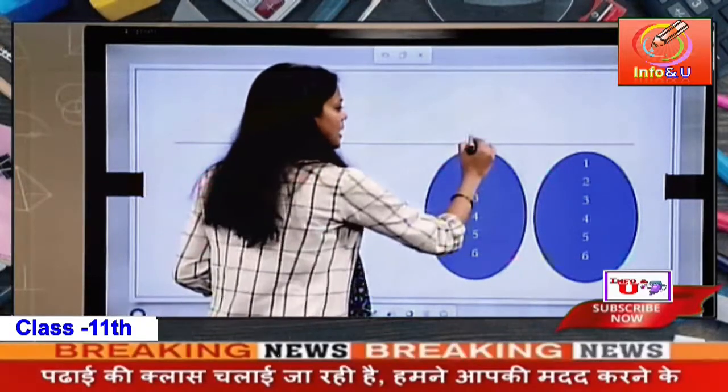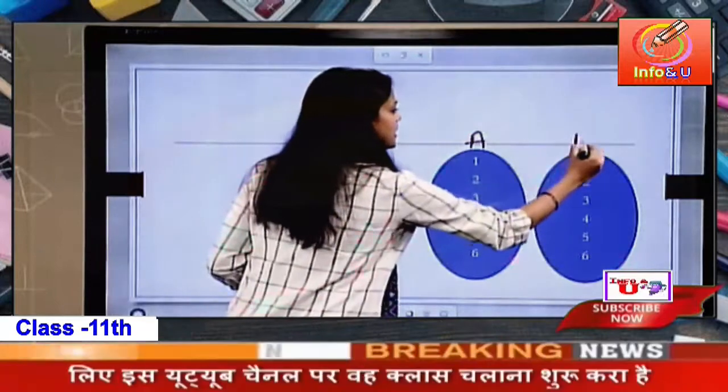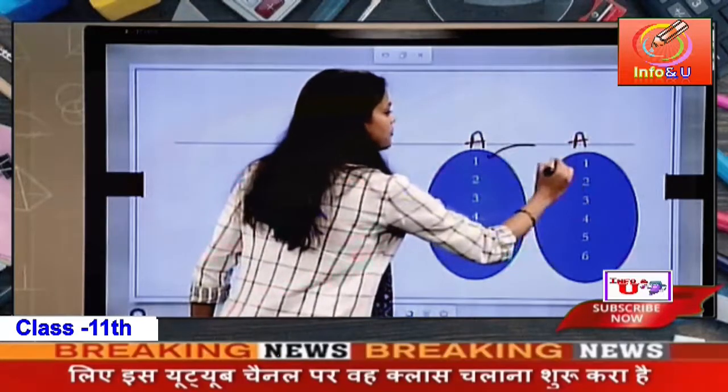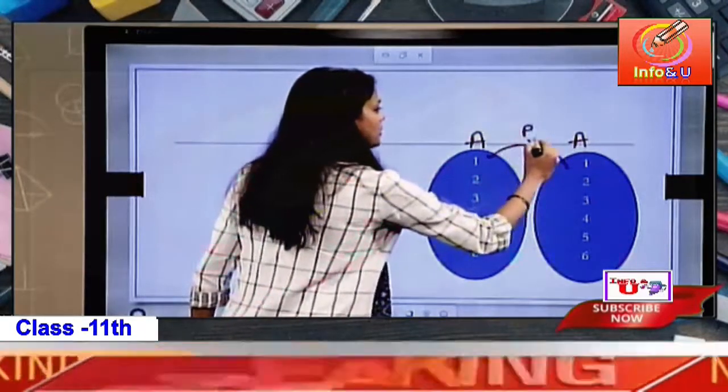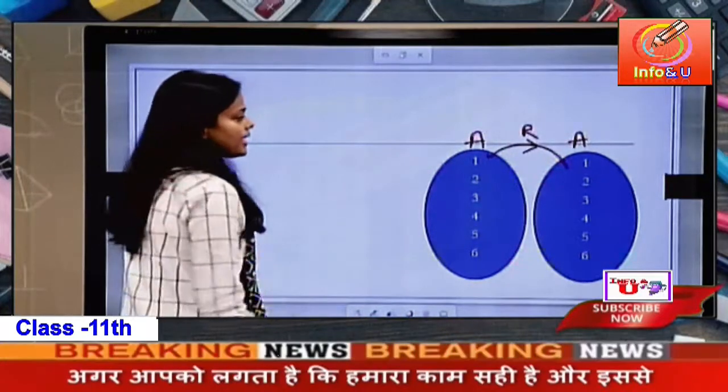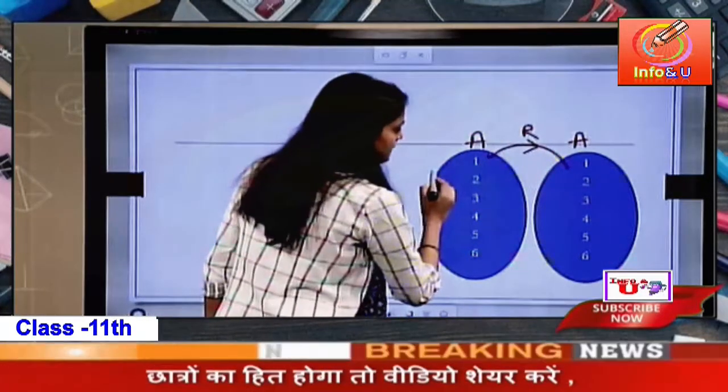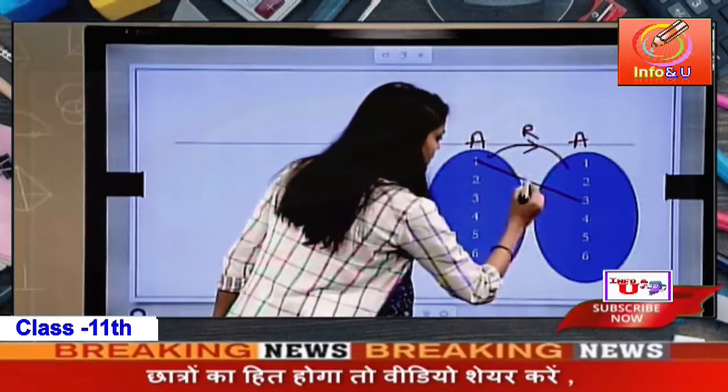Very simple. Again, these are two sets A and A. I am defining a relation R from A to A, and the arrow diagram is giving me like this.